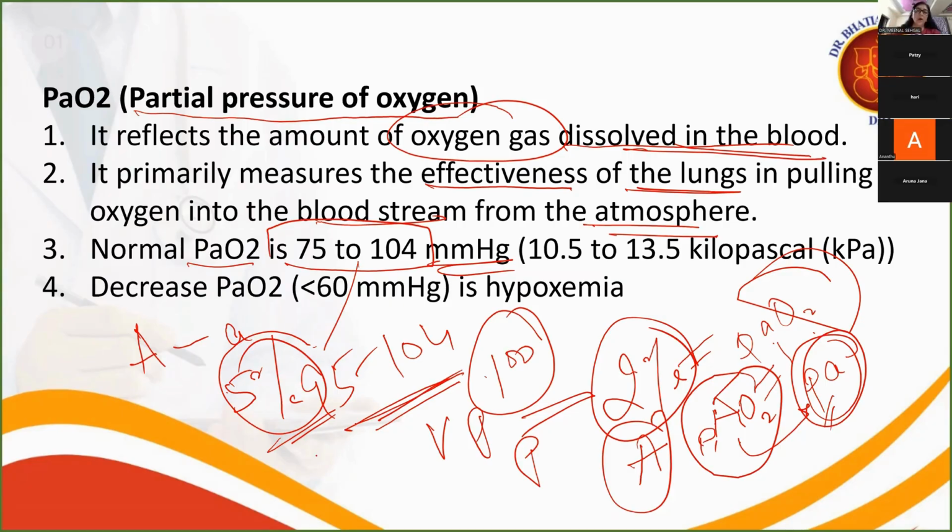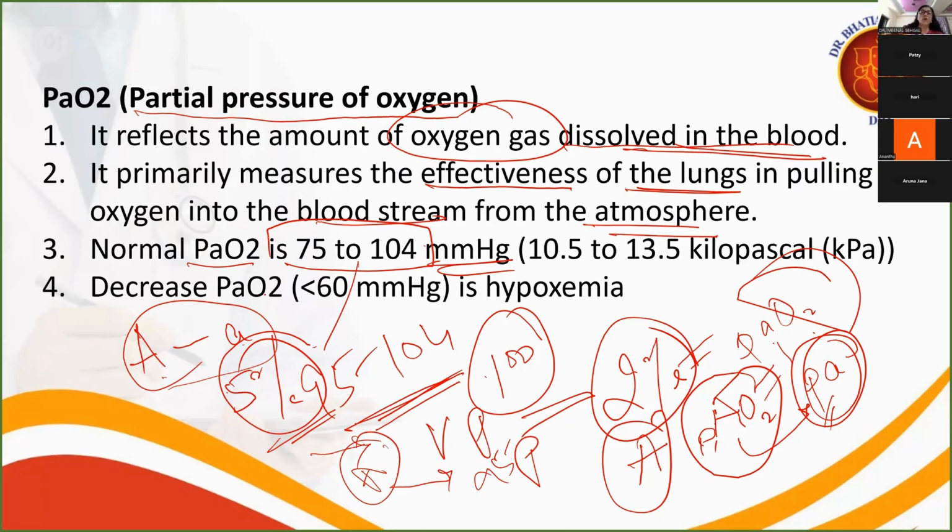So along the gradient, the oxygen also moves. From the 100 partial pressure of oxygen in the alveoli, the oxygen moves to the lower partial pressure of the arterial blood, that is around 95 to 104 millimeters of mercury. So that is the alveolar arterial oxygen gradient.